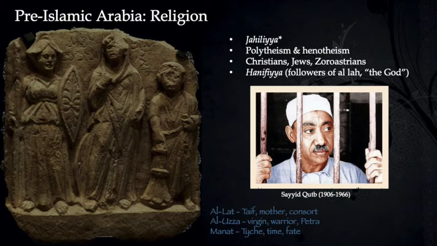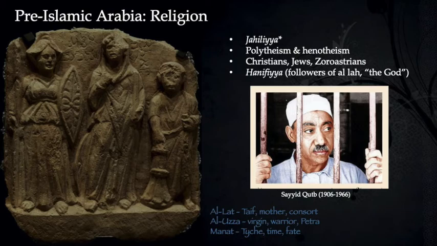Now, along the Hijaz at the time, there were 3 deities that received special treatment and had shrines built to them in those towns in the Hijaz. At Taif, Allat, a female deity seen as both the mother of a number of deities and the consort of Allah, had a shrine.